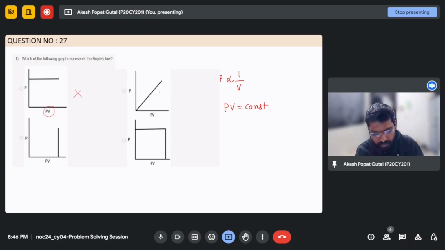And here also PV is changing. PV must be constant as P increases or decreases. In this case it's valid for this, but it's not valid for this. So the answer should be C. Its PV remains constant throughout the values of pressure.